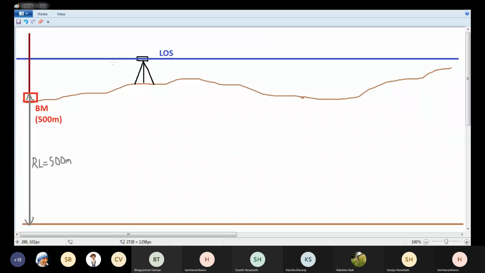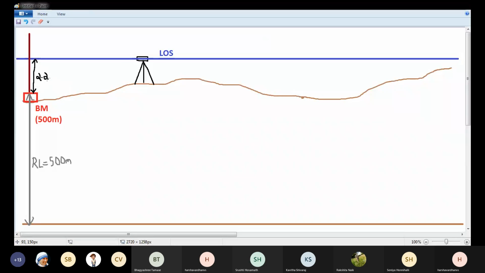Let's say we get a reading of 2.2 meters.